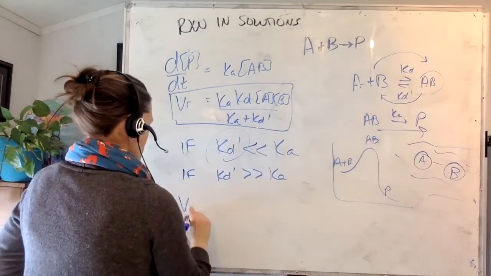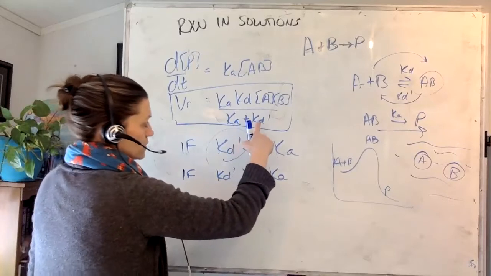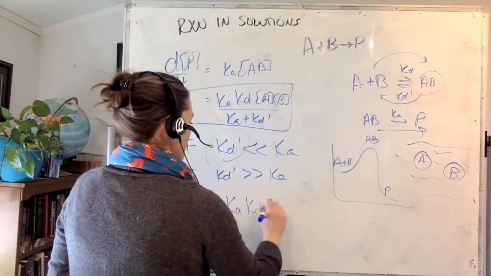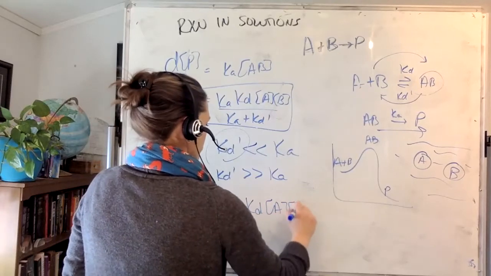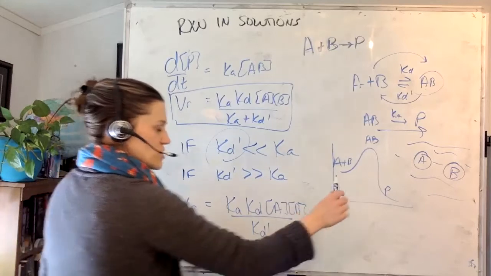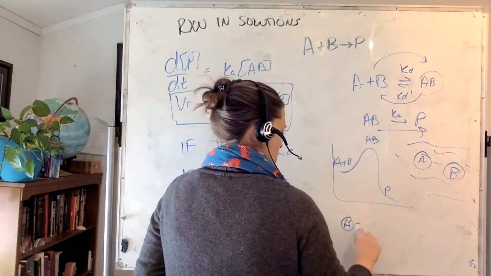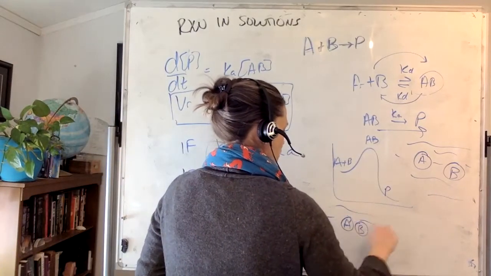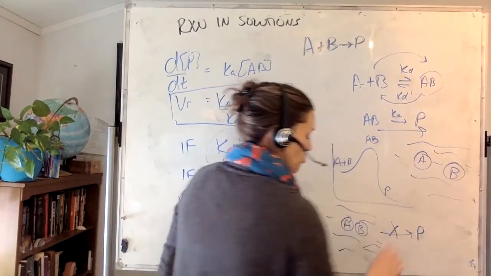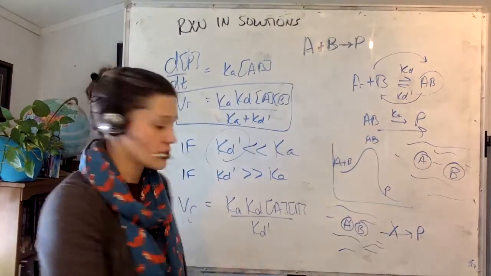This then becomes Ka, Kd, concentration of A, concentration of B, divided by Kd prime, such that A and B can find each other in solution, but still no products. This is called activation controlled.